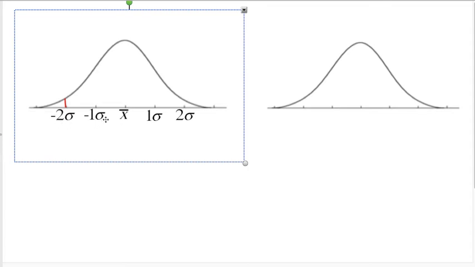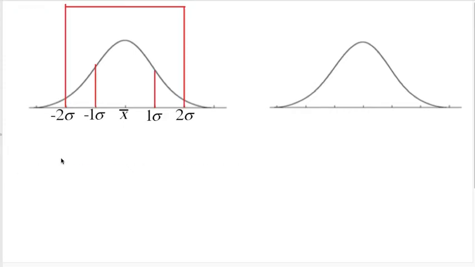Okay, so I have our mean in the middle, 1 standard deviation, 2 standard deviations, negative 1, negative 2. And so we can divide this curve out.